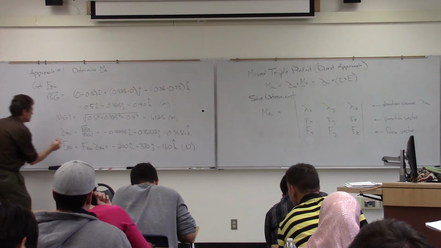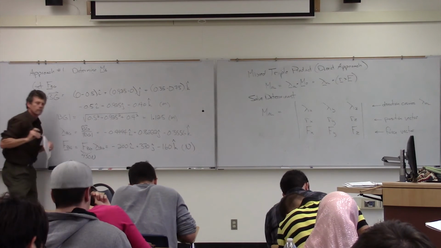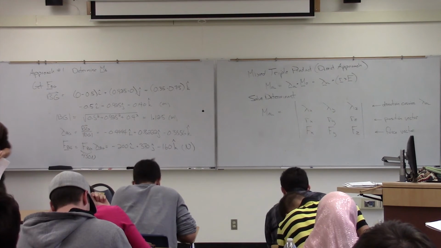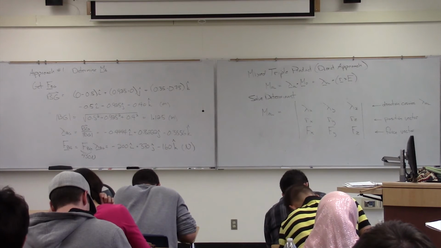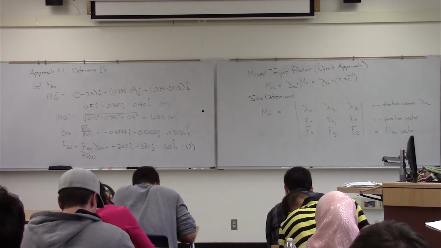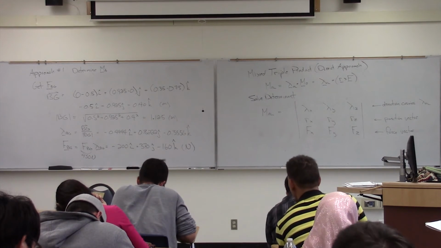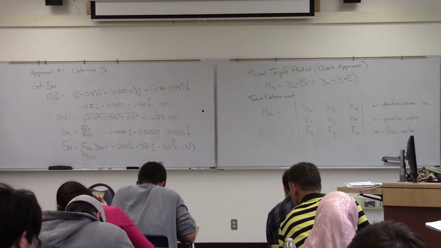So this is that 450 newtons that they gave us in that previous problem. And now I've expressed my force from that cable, BG, the force at B, in the direction of G, in terms of x, y, and z components.